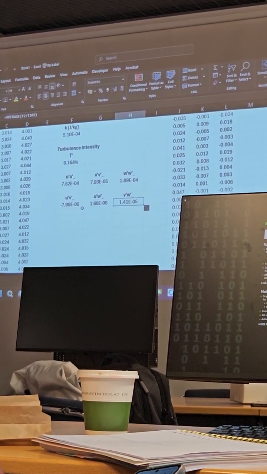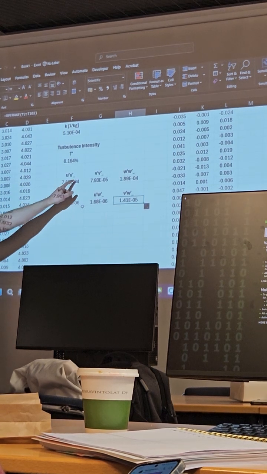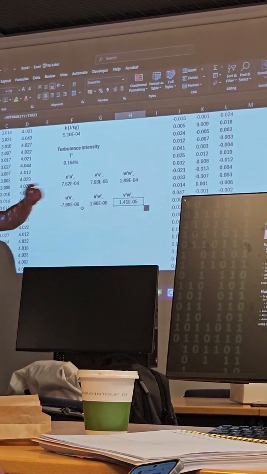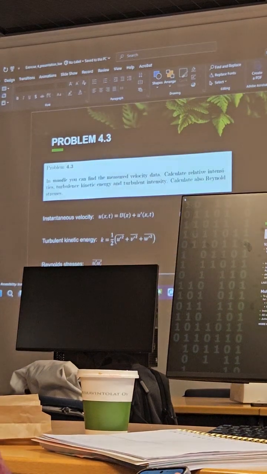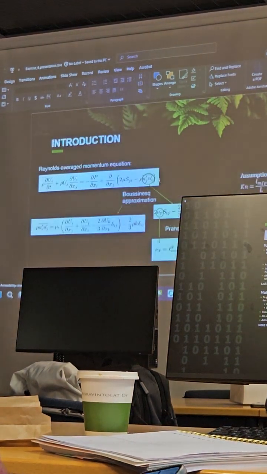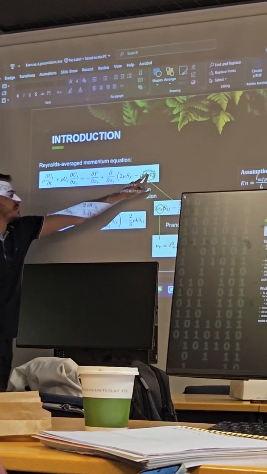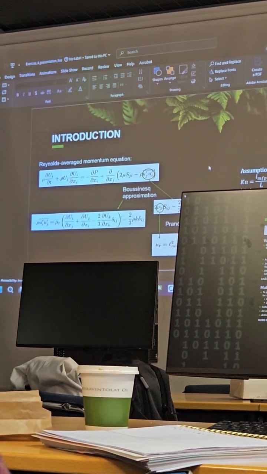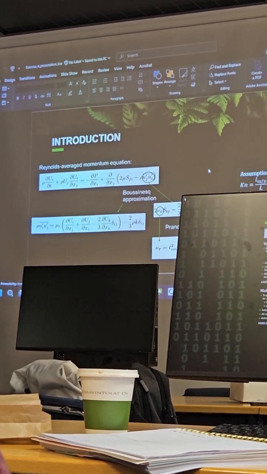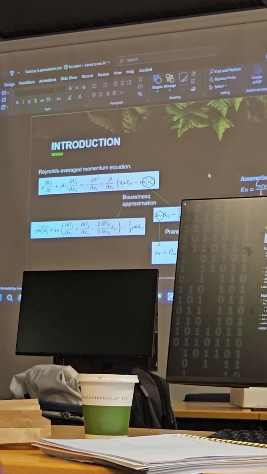So by performing the Reynolds averaging, our Reynolds stresses will look like that. This is the Reynolds stress tensor that we have there. So basically this is the term, this term over here, u prime j u prime i, that is in the Reynolds averaged momentum equation.